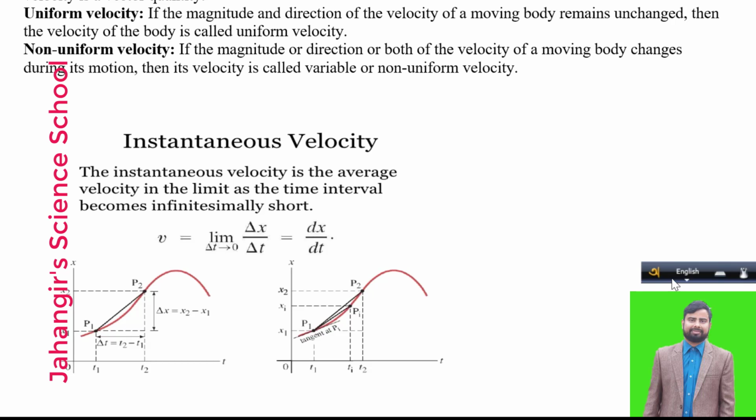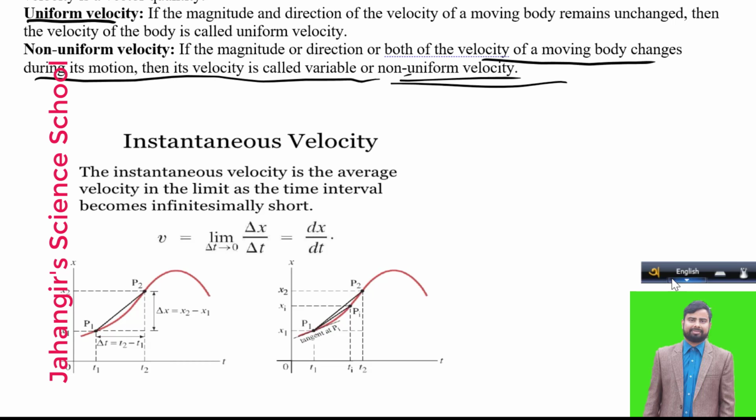That means if the rate of change of displacement in a particular direction remains the same for a certain period of time, it is called uniform velocity. Non-uniform velocity: if the magnitude or direction or both of the velocity of a moving body change during its motion, then it is called non-uniform velocity.